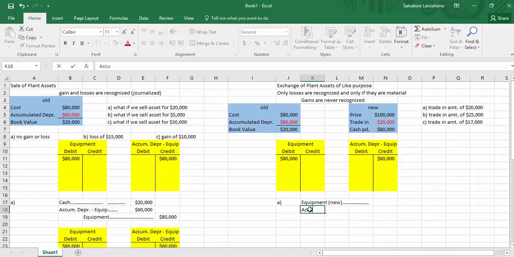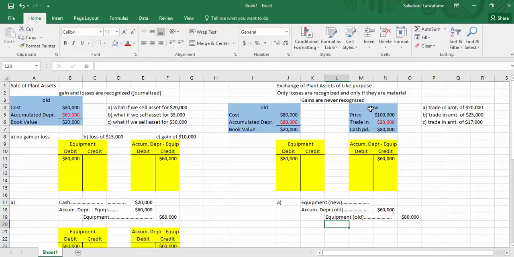So the old accumulated depreciation is going away. And the amount that I'm going to put in there is that 60,000. I'll leave that first debit for last. We're getting rid of our old equipment. And our old equipment is on the books at 80 grand.